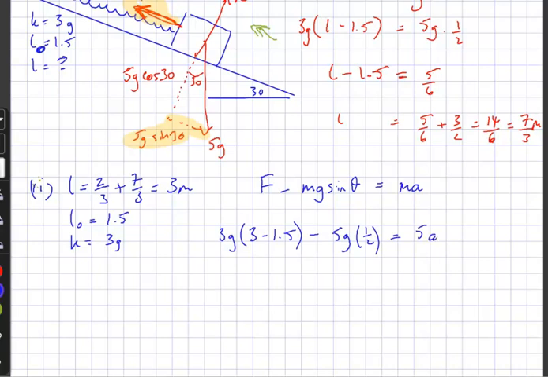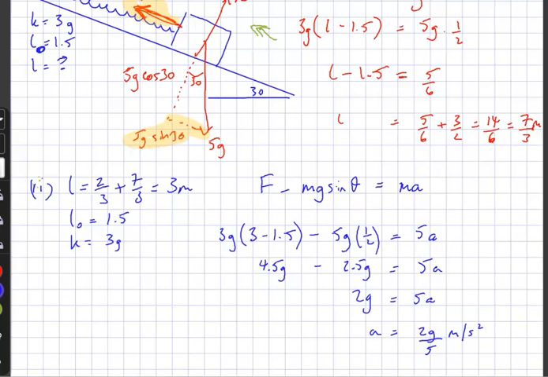Acceleration is what we're trying to find out. So there are no unknowns there. We can straight away work that out, get a calculator out. And we end up with the acceleration being 2/5 of gravity. That's 3 point something. Let me work it out. 3.92 meters per second squared is the acceleration.